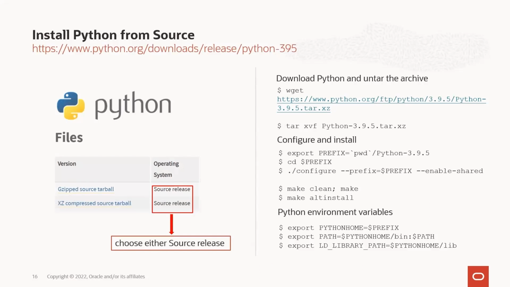In this example, I am using the XZ compressed tarball, and I untar it, and then here we're building it with the shared library, which you need for embedded Python execution. So you configure it with --enable-shared, make clean, and then make altinstall so that you don't override the system Python. And these are the Python environment variables that you'll set. You'll want to add those to your bashrc so that they're there every time you log into your Linux session.